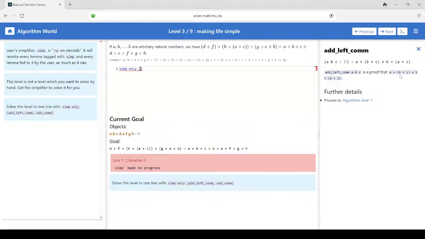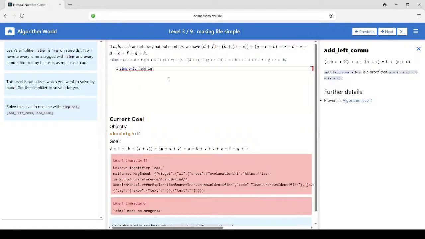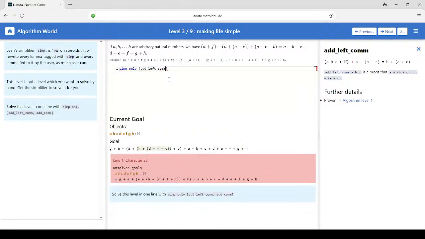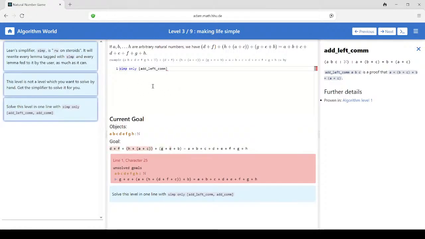This is the proof that a plus b plus c becomes b plus a plus c. So we're going to switch around every... So what did that do?